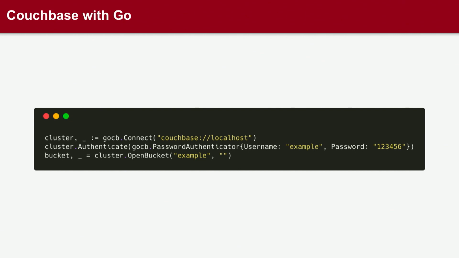I've called it example. I've provided a password, which you'd probably want not hard-coded in your application, but it's there. And then after you've authenticated, you would open up a particular bucket. In this case, it's just coincidence that I've named the bucket example just like the username. They do not need to match. But just 3 lines to get a connection to the database.